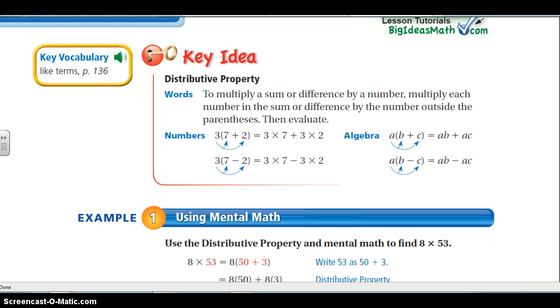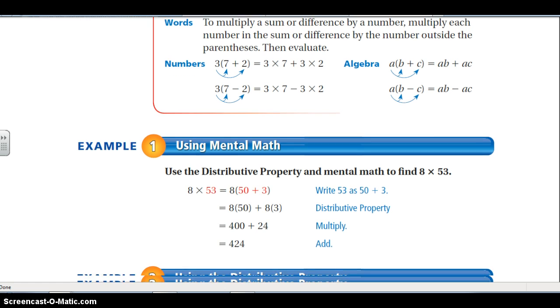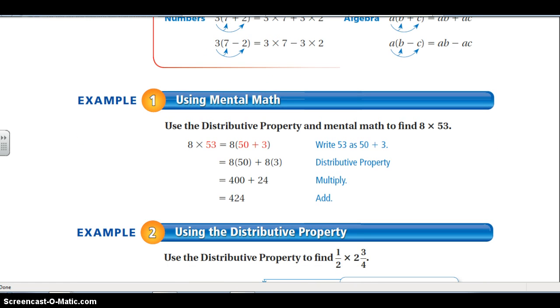All right, we're going to do a little mental math. This is where I want you to write this down. Now, if you do 8 times 53, your distributive property would give you 8 times 50 plus 8 times 3.